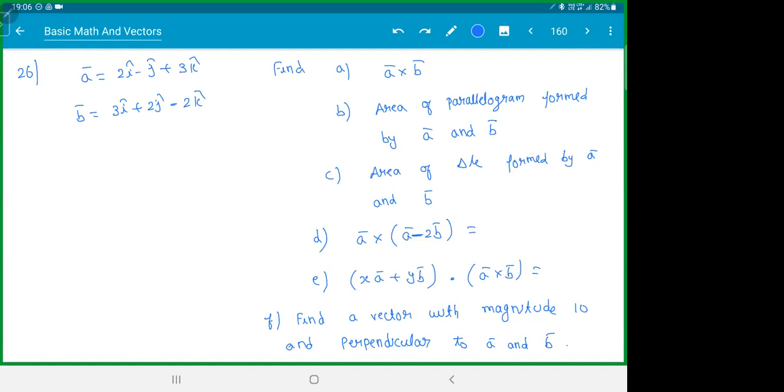X A bar plus Y B bar dot A cross B bar. Any answers for the E? Try. I'll give you a minute or two. Just give it a try. Get some water and come.